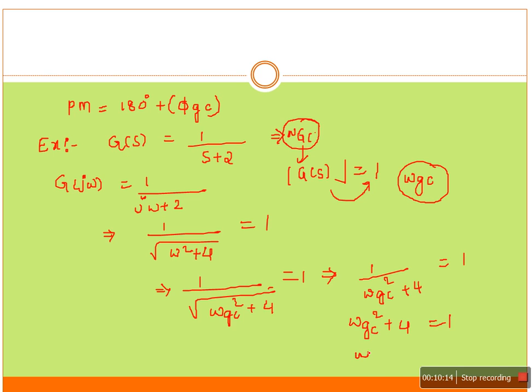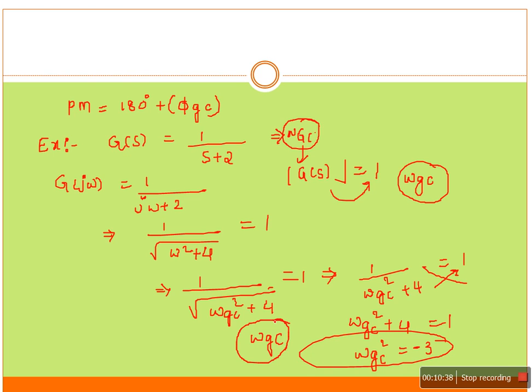So omega gc square equal to 1 minus 4, that is minus 3. So I'm cross multiplying and equating omega gc square plus 4 equal to 1. So in this way we are calculating the omega gc value.